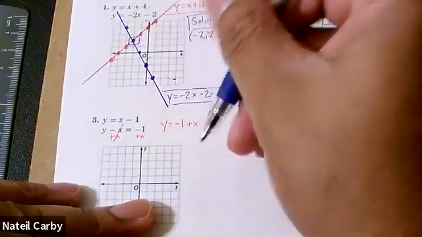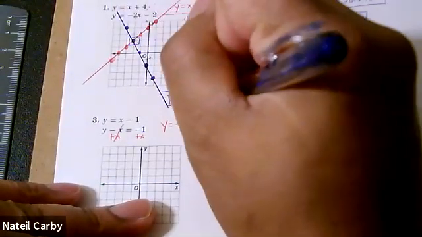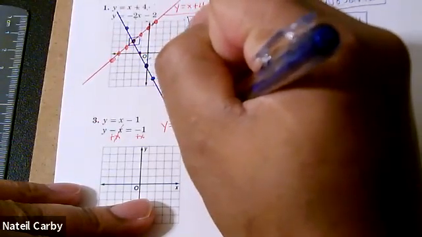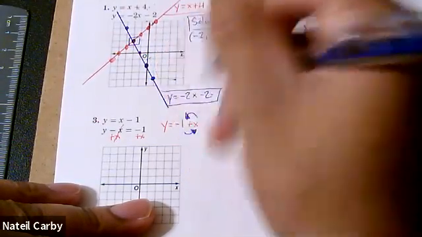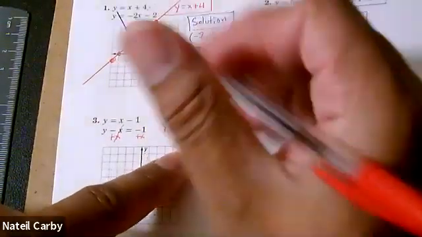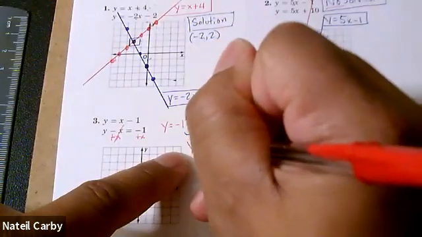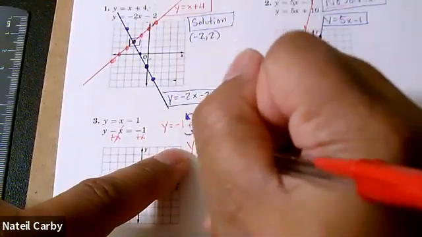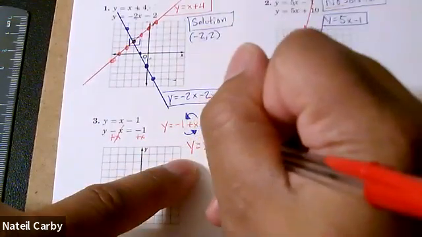And then remember, I'm going to do my switcheroo so it's properly in slope intercept form. Then when I do my switcheroo, my final answer is y is equal to positive x minus 1.